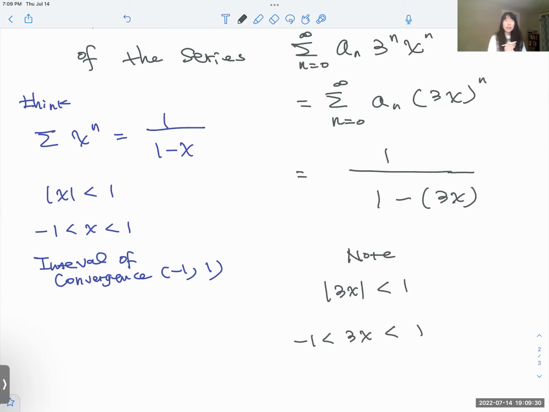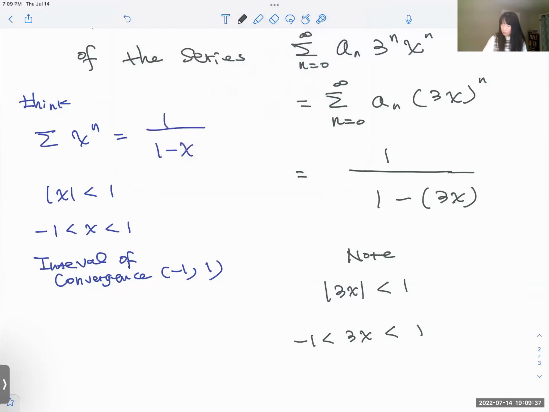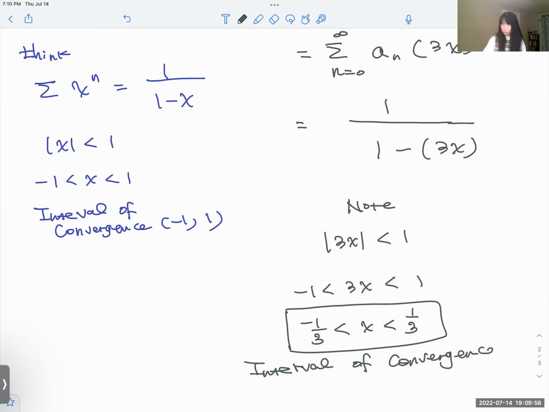Okay, we want to find x. So we divide by 3 on both sides, then we get -1 over 3 and 1 over 3, right? So this is the interval of convergence, which is between -1 over 3 and 1 over 3, okay?